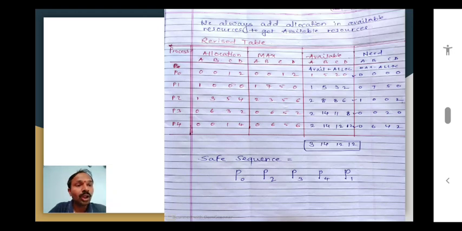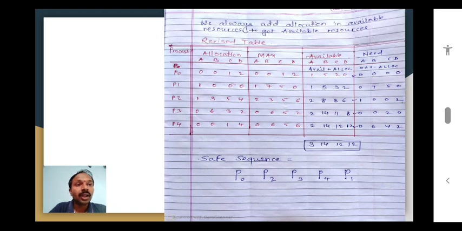Now let us concentrate on the need column. For process P0, the formula is max minus allocation. If I subtract allocation ABCD from max ABCD, I will get the answer 0 0 0 0, because 0 0 1 2 and 0 0 1 2 are the resources.